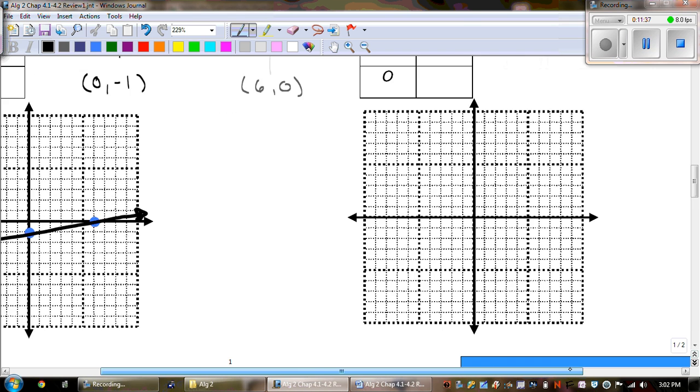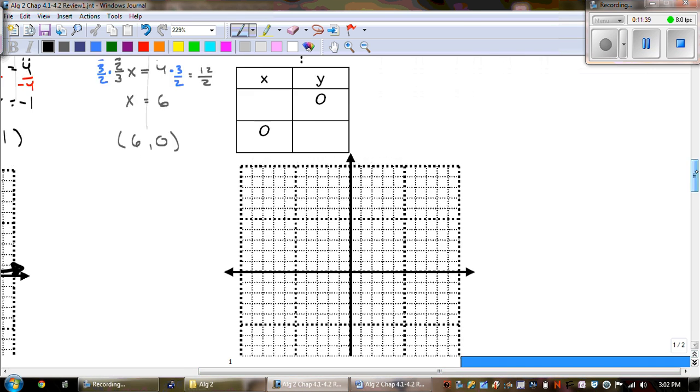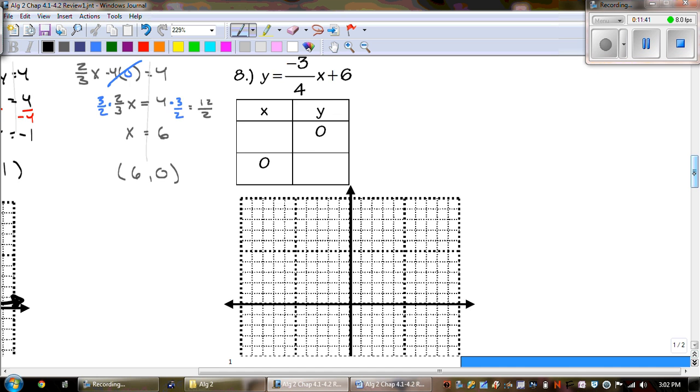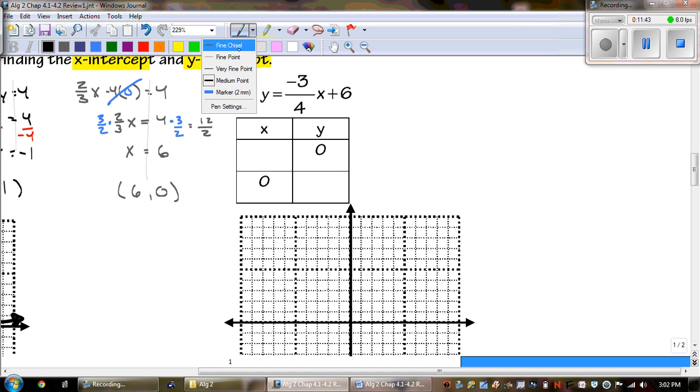All right, I did an example. Now it's time for you guys to do one. So I'll help you set it up. We're going to do it 2 times. One time you're going to let x equal 0, so right down here we know.